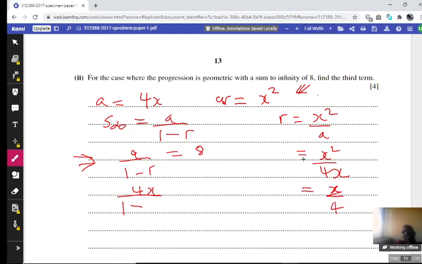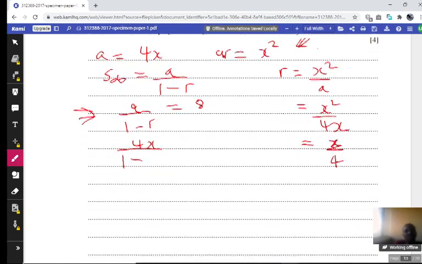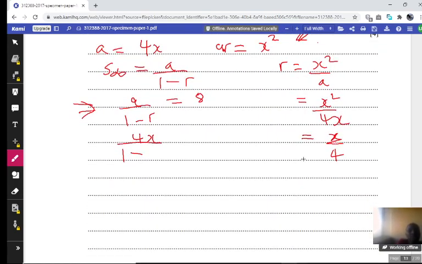So this is the value of r, the one that you now have to substitute here. So let's put r equals x over 4, so x over 4 is equal to 8. Now I want to get rid of this denominator, which is 1 minus x over 4. How can we get rid of the denominator? We multiply both sides by the denominator.